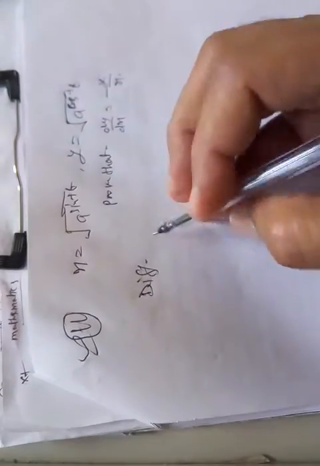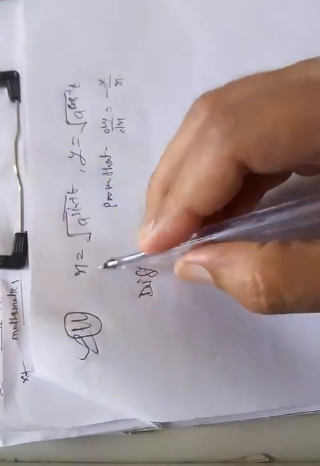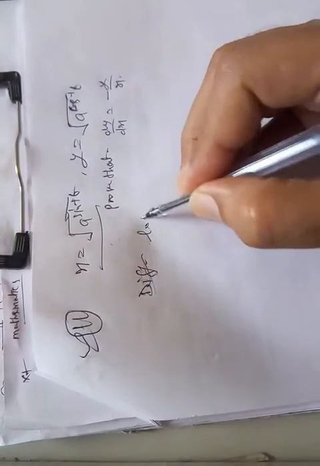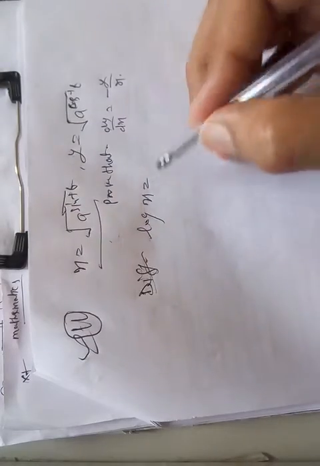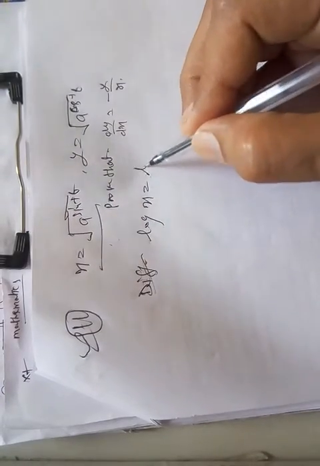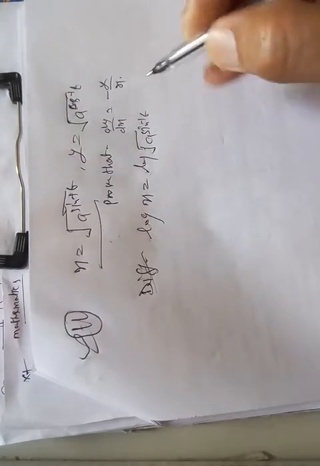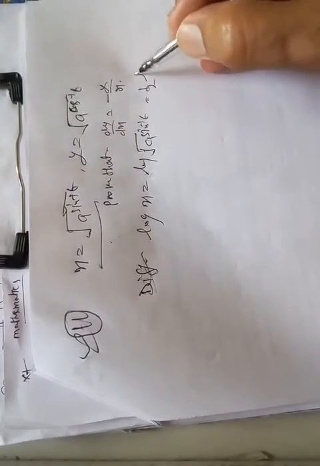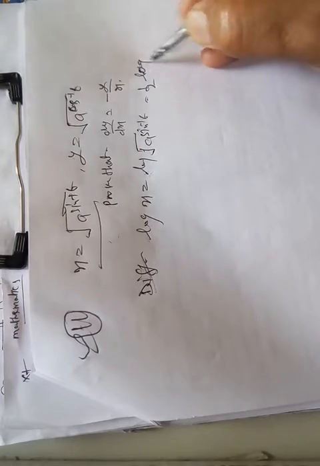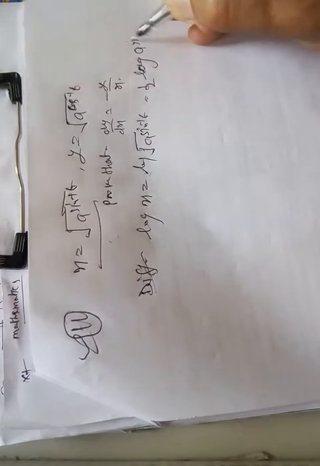So let x equal to this, the log x equal to log under root a raised to sin inverse t. This is equal to 1 by 2 log a power sin inverse t.